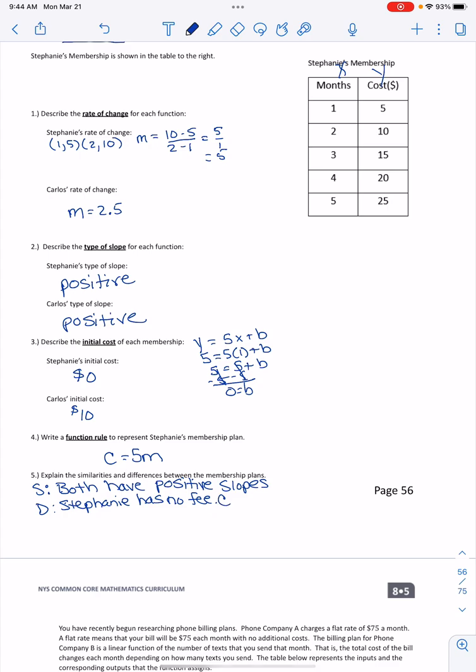Carlos has a $10 fee. Stephanie pays $5 a month. Carlos pays $2.50 per month.